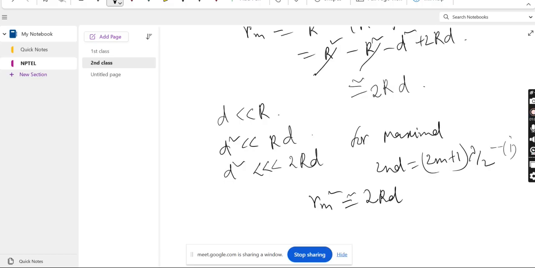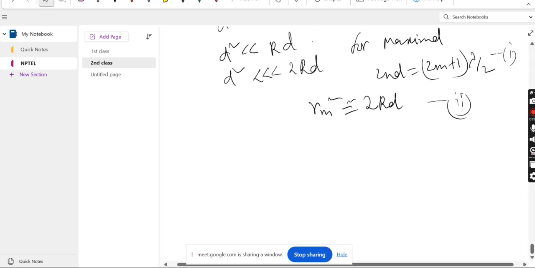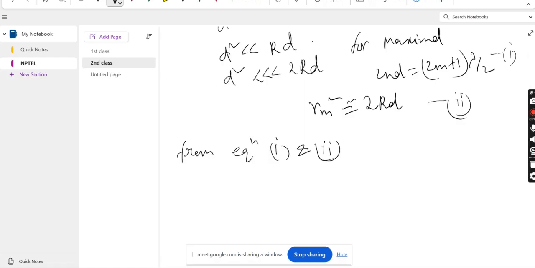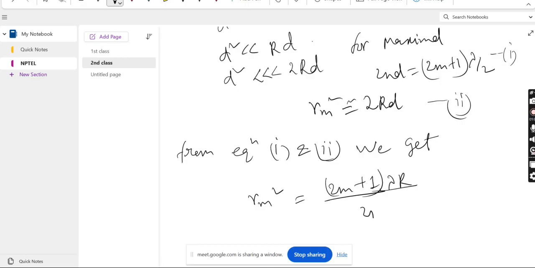This is equation 1, this is equation 2. From both equations 1 and 2, you get that r square is equal to (2n plus 1) lambda R by 2.